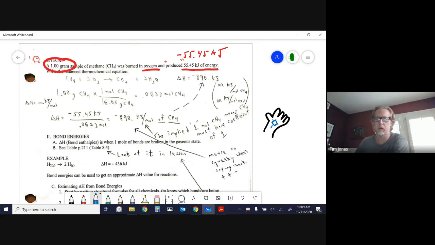And as the ice cube melts, I ask, is this an endo or exothermic process? Well, that's a pretty bad question because the answer is both. It would be endo to the ice cube, and it would be exothermic to my hand.